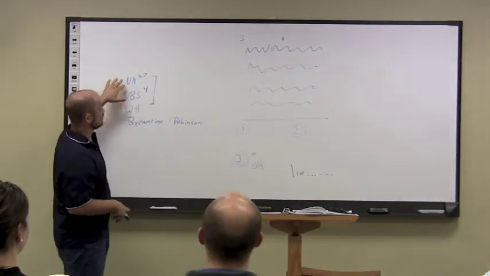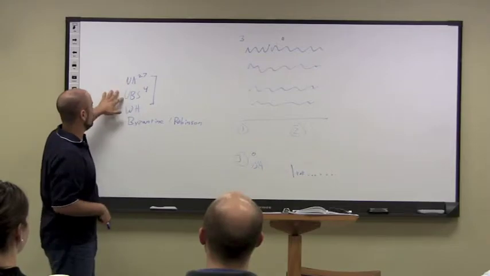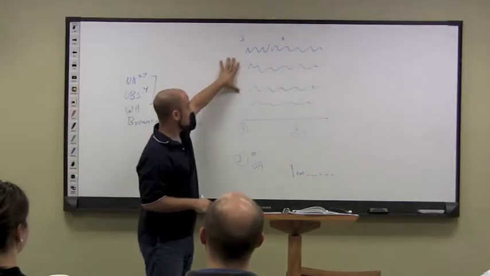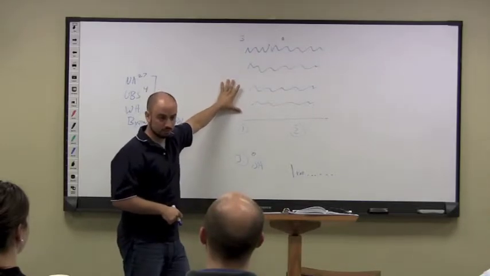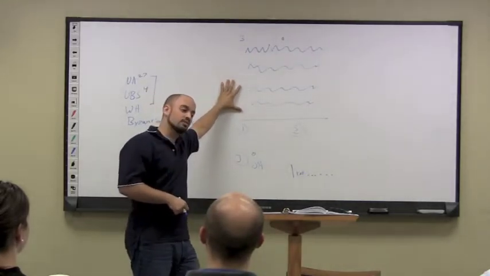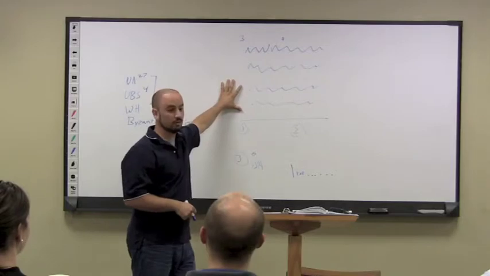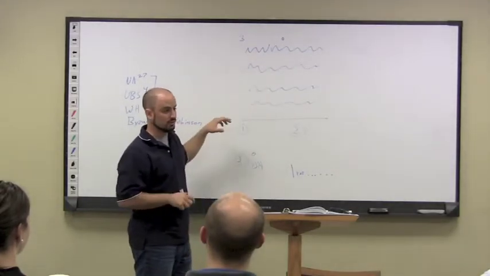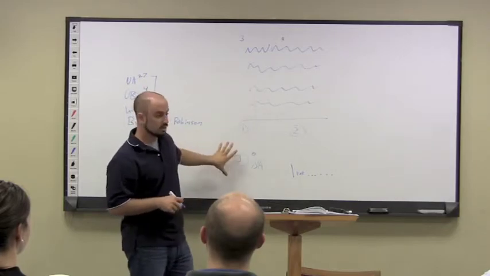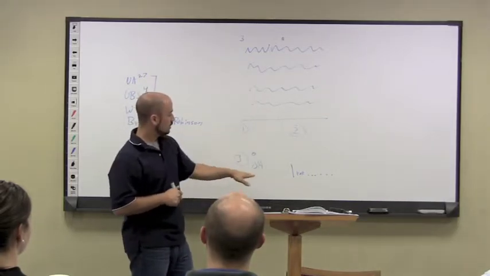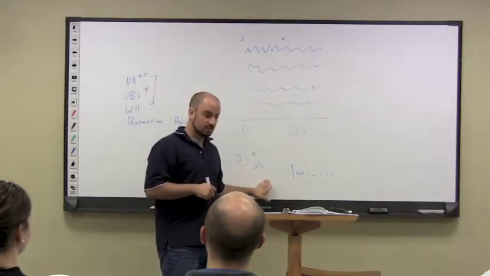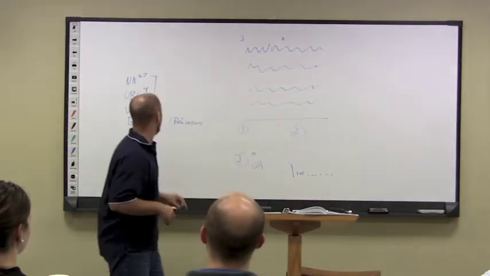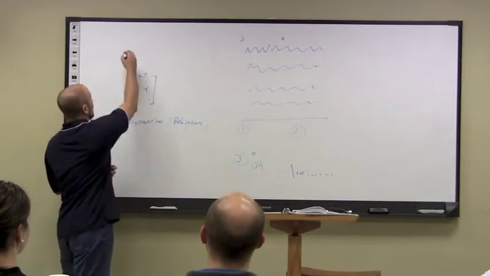And what each one of these is doing, the NA27, the UBS 4, the Westcott and Hort, they're saying this text is what we think is original. But if you have qualms or scruples with what we think to be original, here are your footnotes, essentially complex footnotes, that tell you this is the evidence against us, and this is the evidence for us. You make the decision. Now, SBL makes things a little bit more complicated.